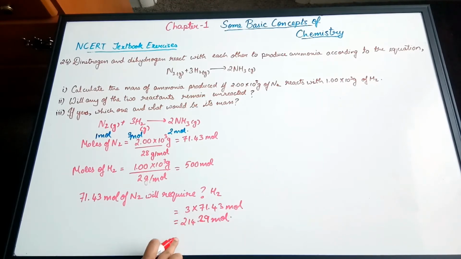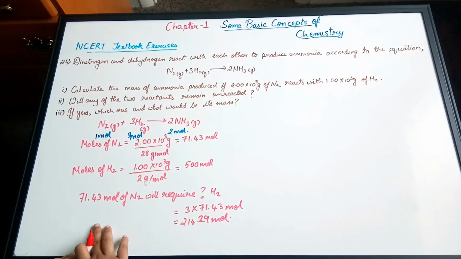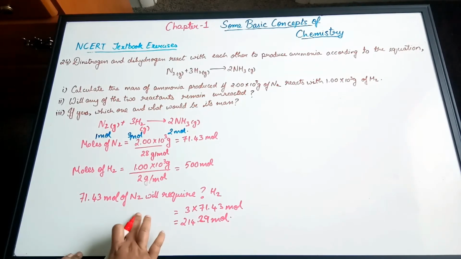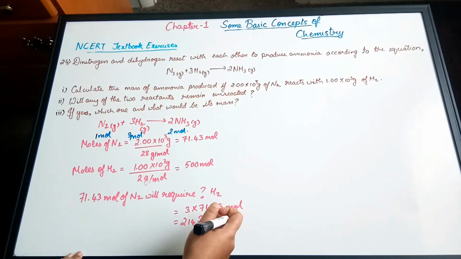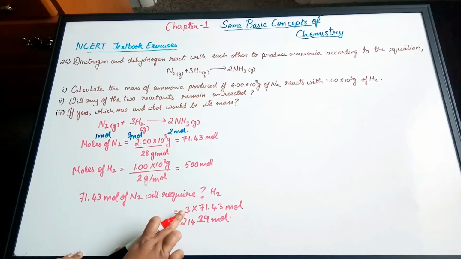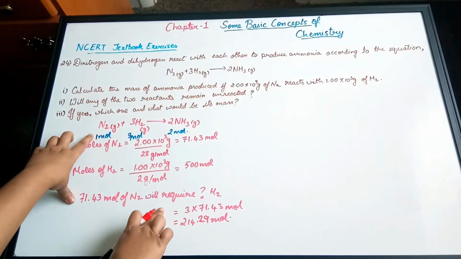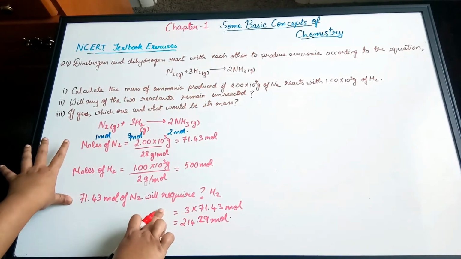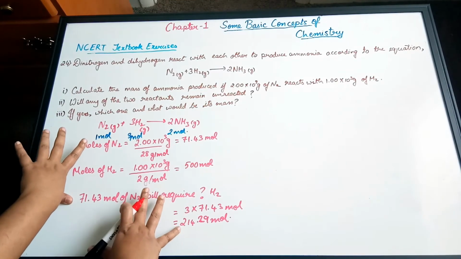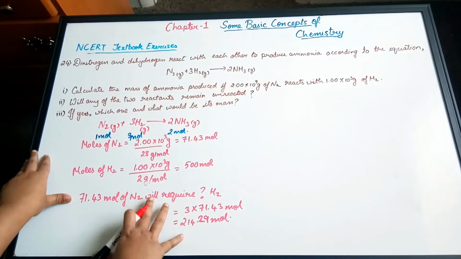So this means the 71.43 moles of nitrogen requires this much hydrogen. We just had to multiply this by 3 because 1 mole requires 3 moles of hydrogen. But this 214.29 is the required number of moles.